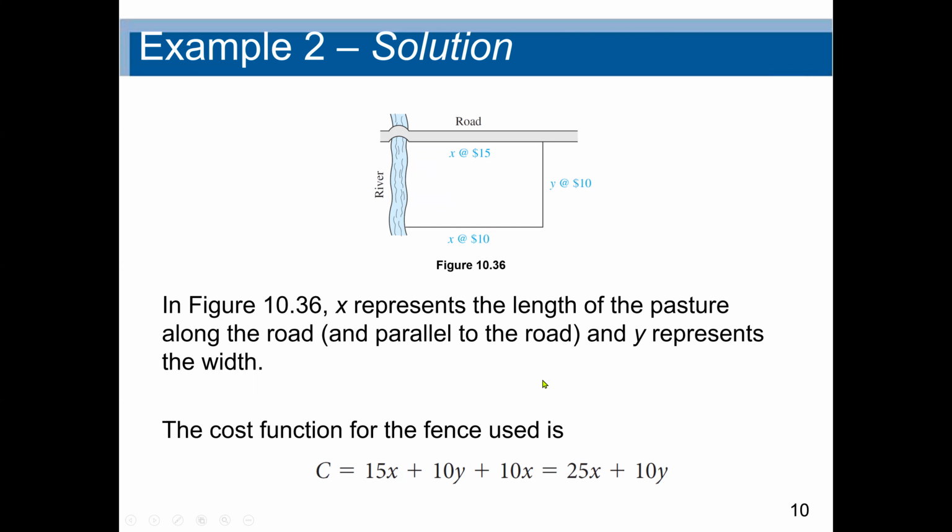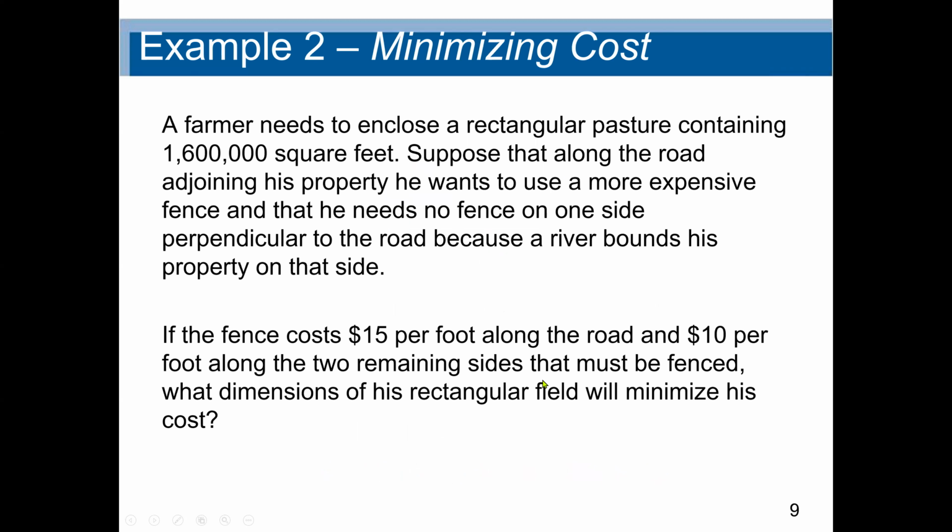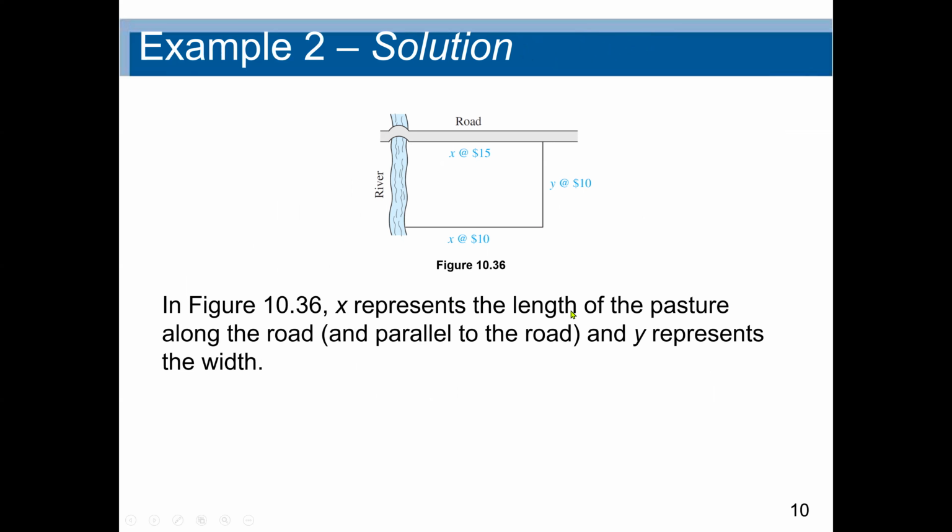Now, from the question, a farmer needs to enclose a rectangular pasture containing 1.6 million square feet. So that's the area of the whole thing. I can say area equals x times y, and I know the area is 1.6 million, equal to xy.